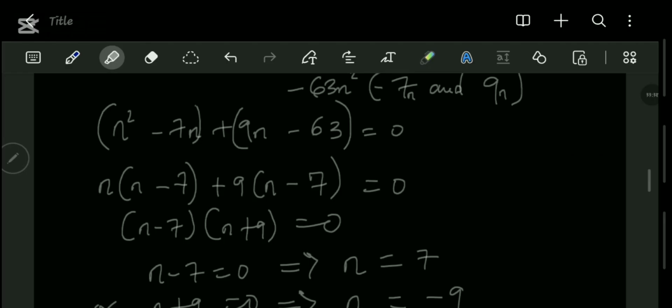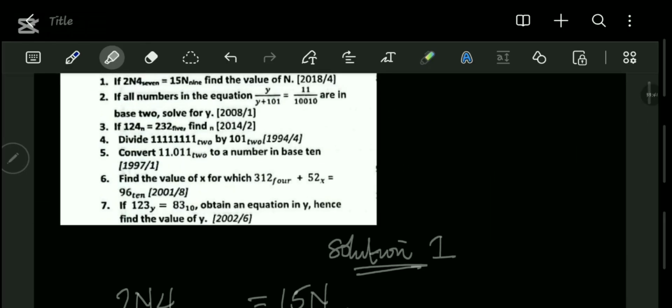And for the next question, solution 6, we're asked to find the value of x for which 312 in base 4 plus 52 in base x is equal to 96 in base 10. So let's take it step by step.